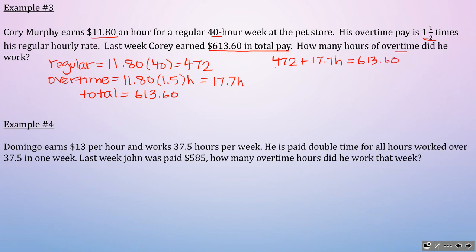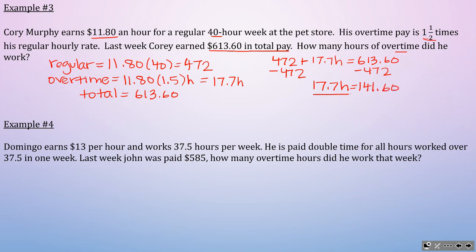How do we solve it? Well, we bring the number over to the right-hand side by subtracting, so minus 472 from both sides. That leaves us with 17.7H, and when I subtract 613.60 minus 472, I get 141.60. Okay, we're almost done.